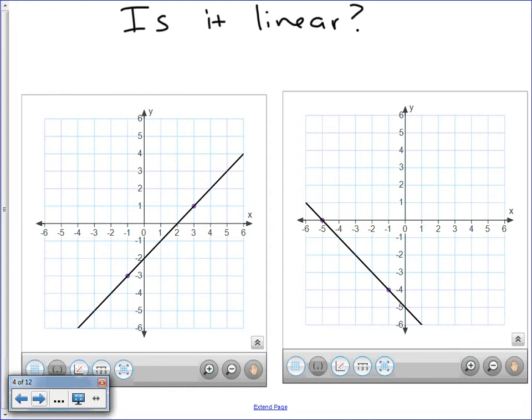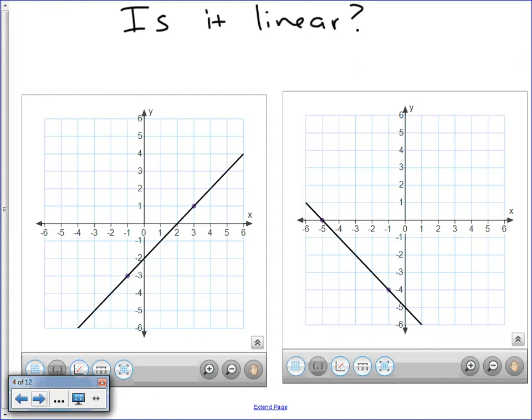Is it linear? Okay, so a subset of functions are linear functions. Out of all of the functions that are out there, there's a little group inside those functions that are just specifically linear. So linear functions are always functions. It's never going to be, yes, it's a linear function, but no, it's not a function. So if it is a function, we have to see if it is linear. And basically, to figure out if it's linear, you just have to make sure it makes a straight line.